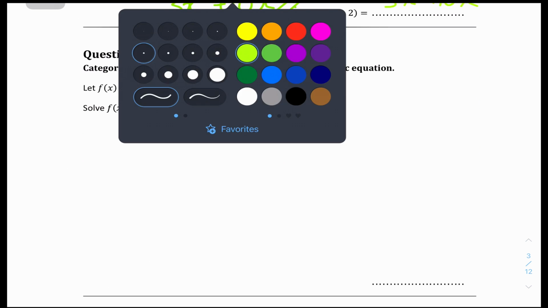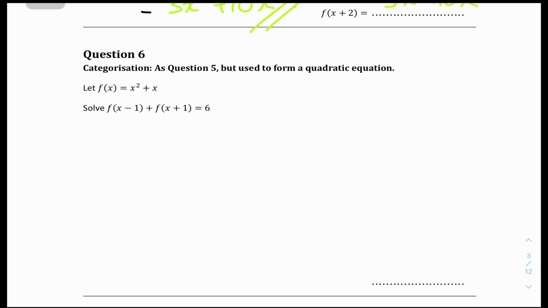And for question 6, let f of x equals x squared plus x. Solve f of x minus 1 plus f of x plus 1 equals 6. So there are ways to cancel out the power if you know the plus or minus signs, but in this case I'll just write everything out.